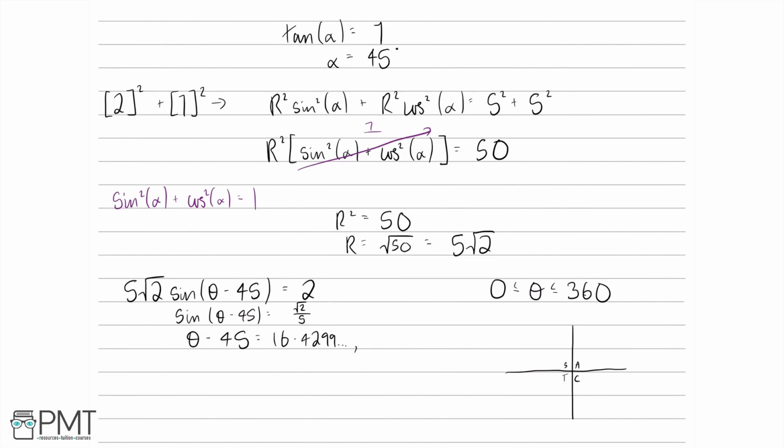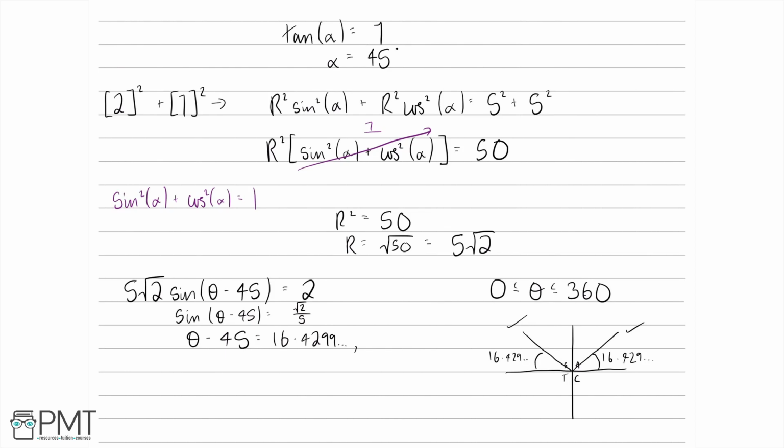Sine is a positive function here, which means we're looking at these two quadrants. So we have one solution for sine, which is this angle here, 16.429 and so on. But we also have this other solution for sine here.